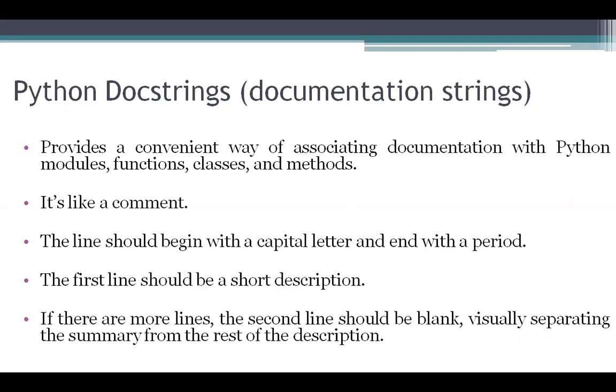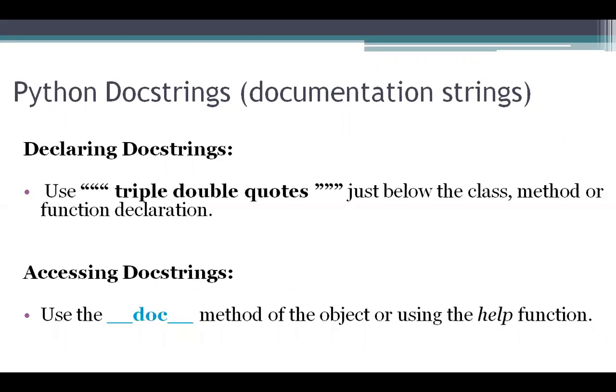The second line should be blank, visually separating the summary from the rest of the description. Declaring the docstring is done in triple double quotes just below the class, method, or function declaration. You can access the docstring by using the double-underscore doc attribute of the object.